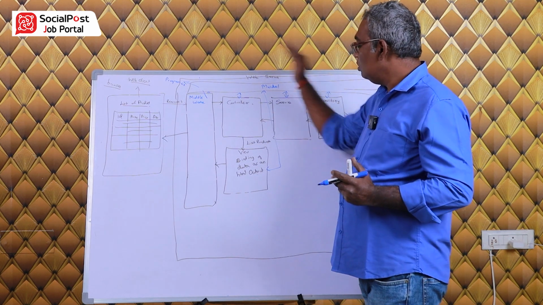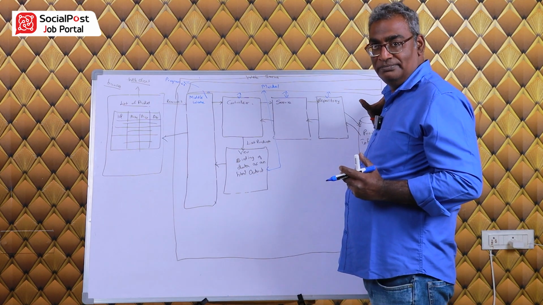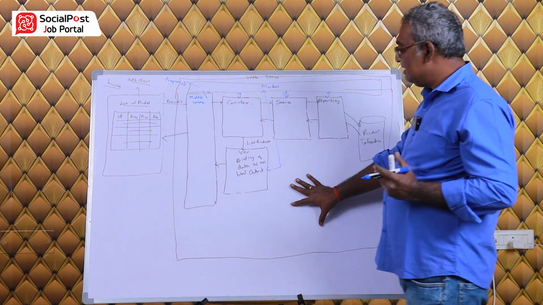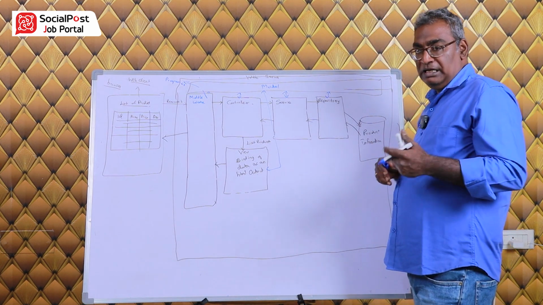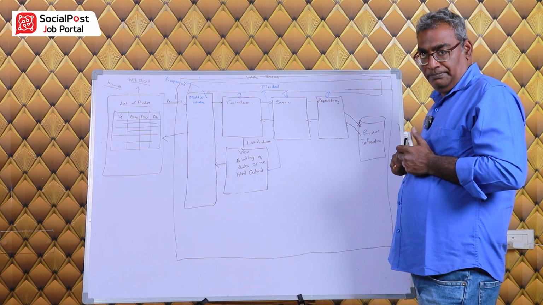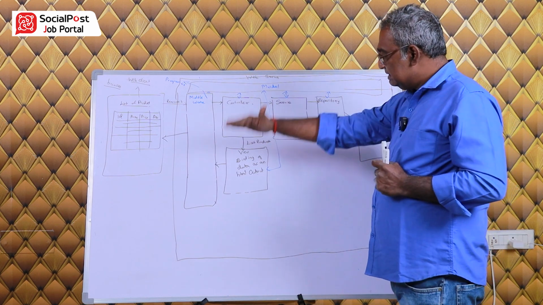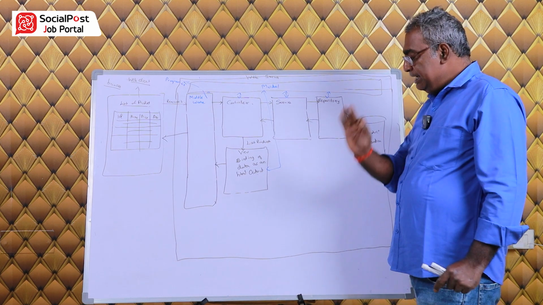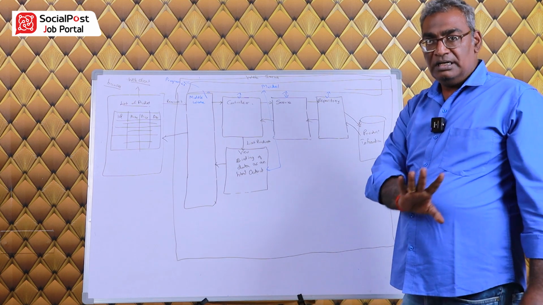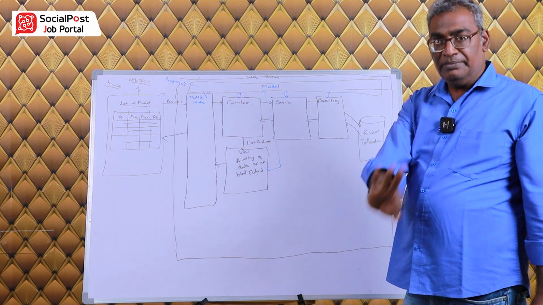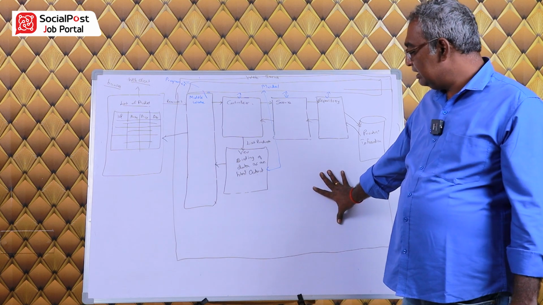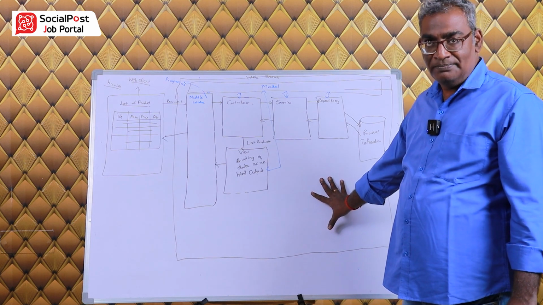This is typically called the MVC core architecture. If you understand this diagram, anybody who wants to become an ASP.NET MVC core developer, first you need to understand this diagram. 90% of project architecture will be built based on this.